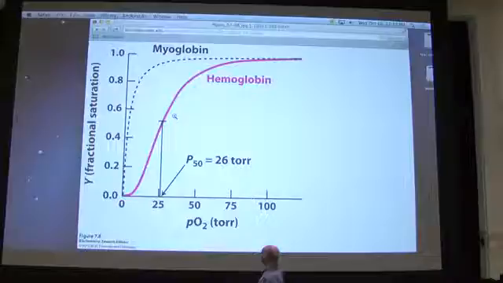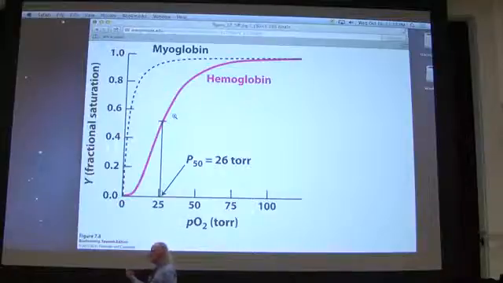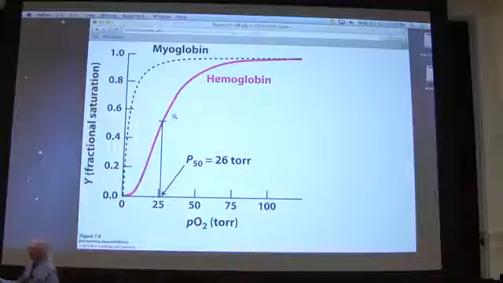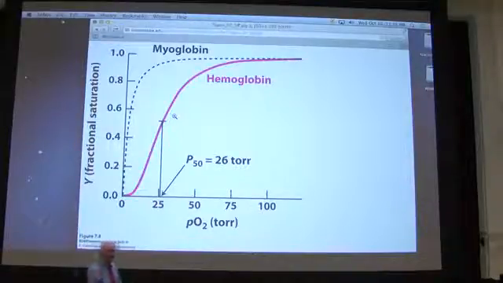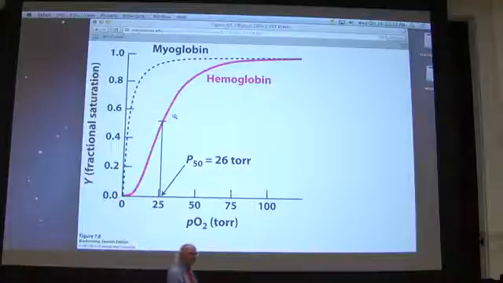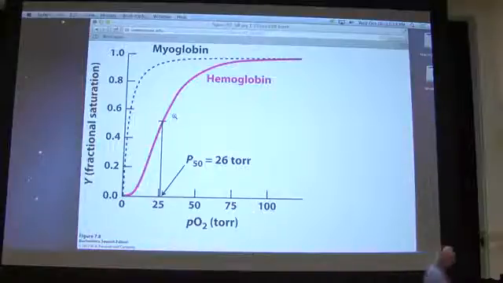But if we were to compare that to myoglobin, only about 15% would be dumped. Hemoglobin is much better at releasing oxygen where it's needed and binding oxygen where it's present. I'll repeat that. Hemoglobin is much better at releasing oxygen where it's needed and binding oxygen where it's present.